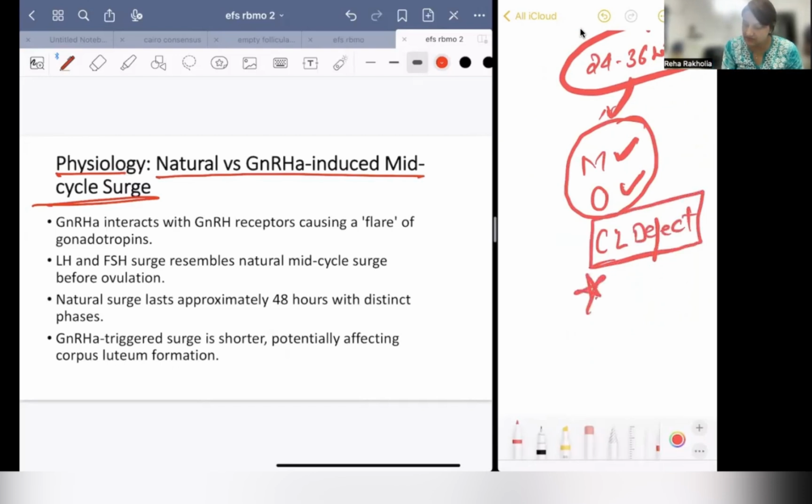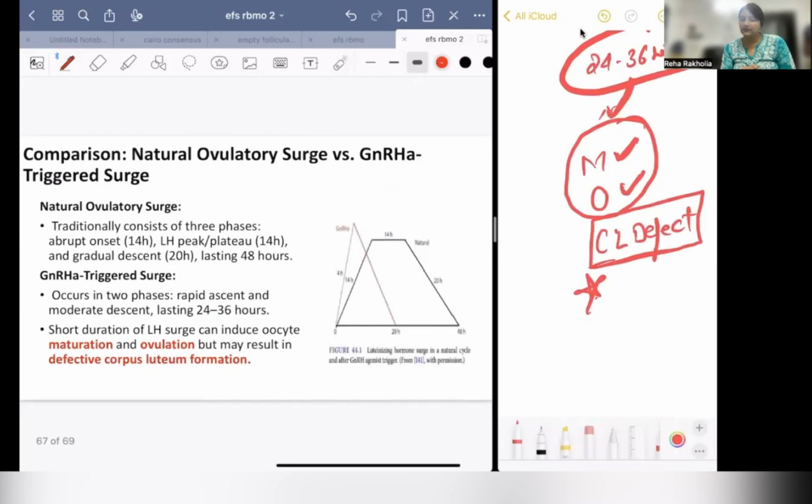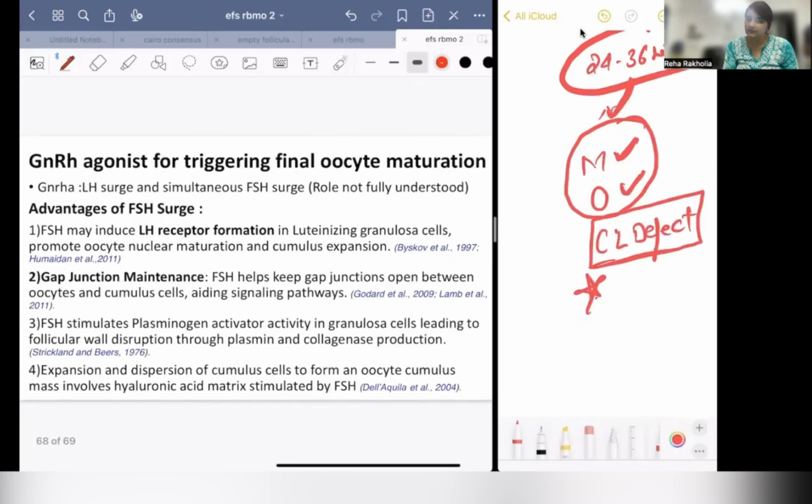Because the GnRH agonist trigger surge is shorter, potentially affecting the corpus luteum formation. Okay, I have already explained this. Defective corpus luteum formation.